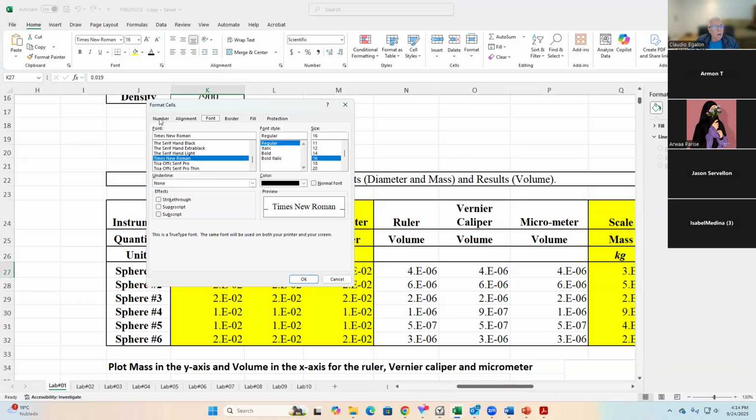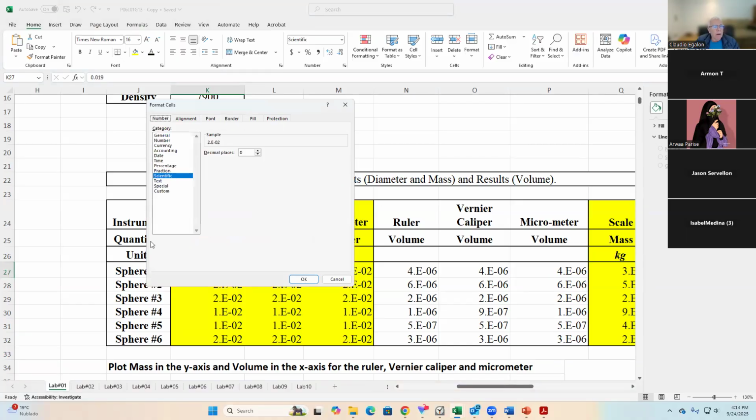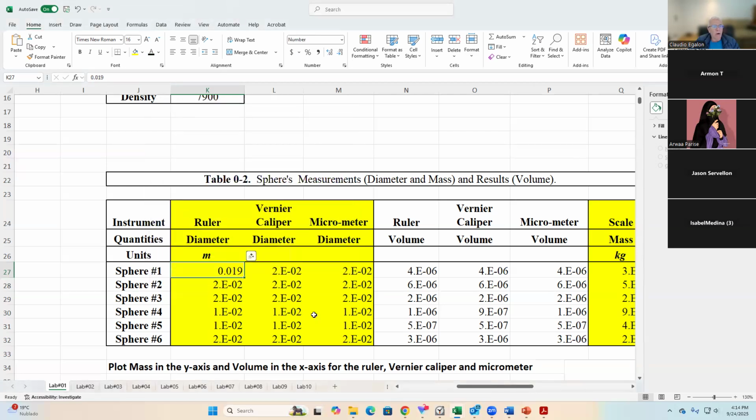You go to the tab Number. Right now it's clicked on Scientific, right? So you want to change the format from Scientific to numeric format, okay? You change to numeric format and you add 3 decimal places for your number. And now you display it properly.